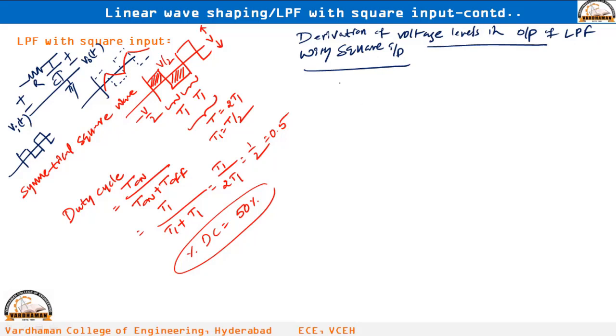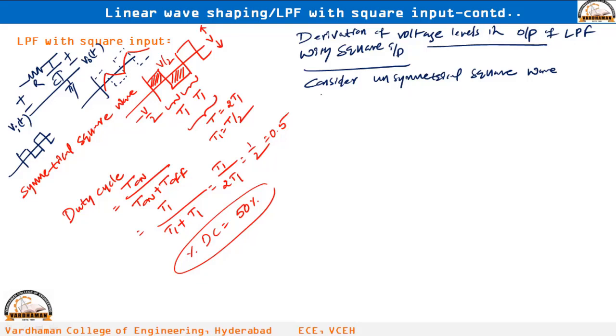Okay, so I am taking the output, but here I am considering unsymmetrical square wave. Then we can take the conditions of the symmetrical square wave, and you can get the exact outputs for the symmetrical square wave also. Okay, so first we will consider the unsymmetrical square wave.